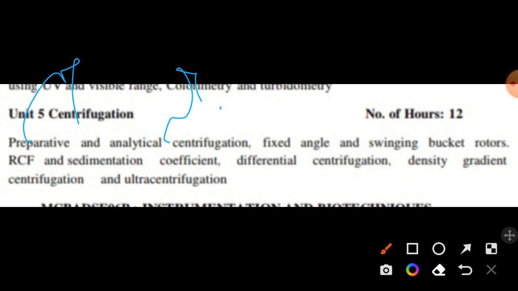In analytical centrifugation, we can analyze it. In a fixed angle rotor, we are holding our tube at a 45 degree angle, and here faster separation is ensured, but a fixed angle rotor cannot ensure the movement of all the particles to the bottom, because here the direction of the force is opposite to the direction of the particles.